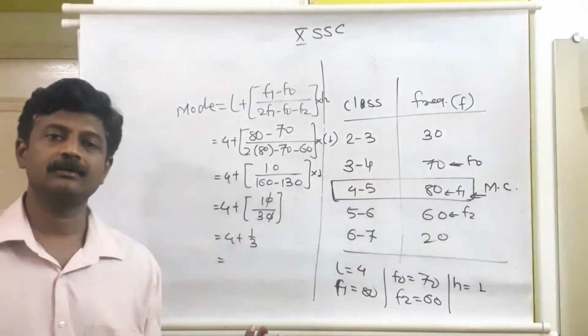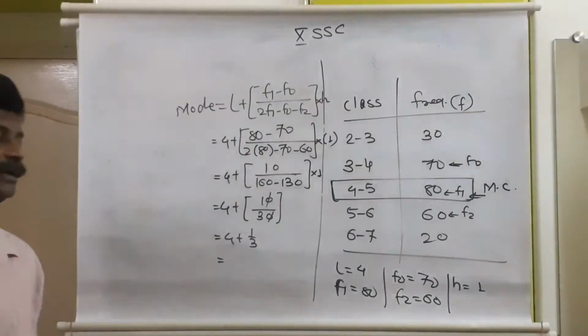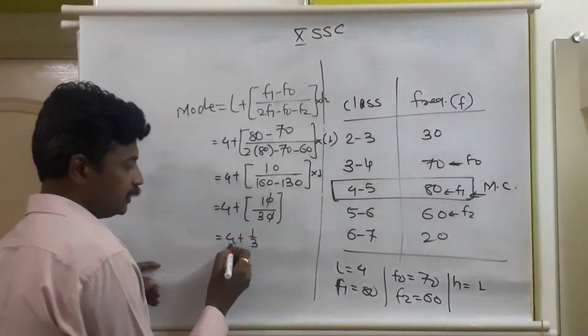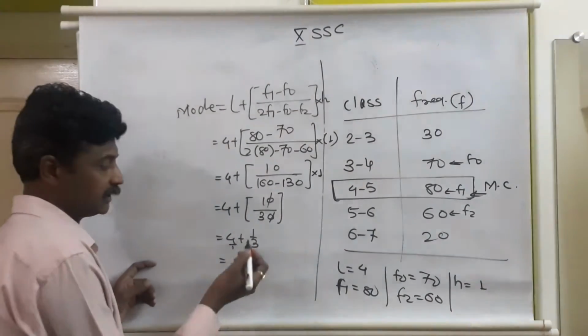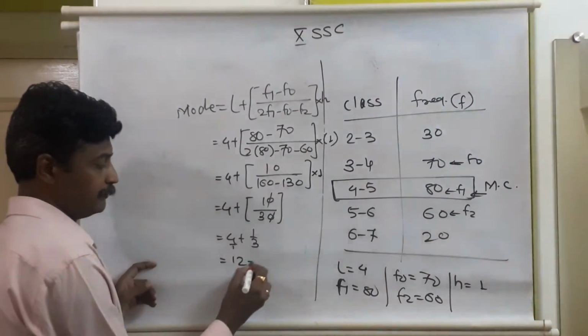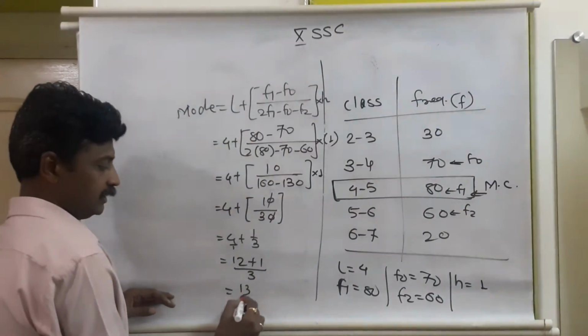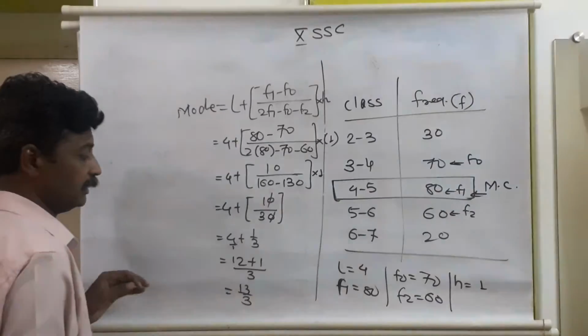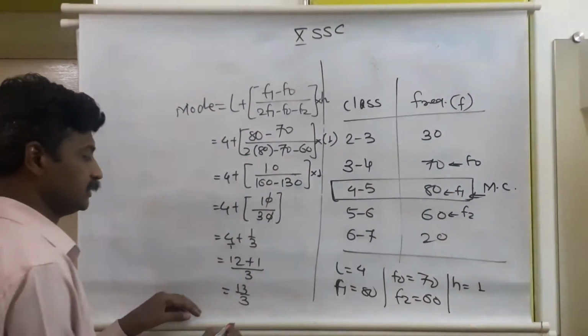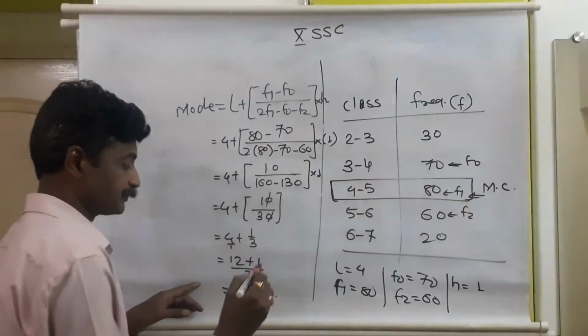4 plus 1 by 3 can be written in two ways: either we divide 1 upon 3 and add the decimal answer to 4, or the denominator of 4 is 1 and we try cross multiplication. 3 4s are 12, 1 into 1 is 1, upon 3 1s are 3. It will be 13 upon 3. Dividing 13 by 3, 3 4s are 12.